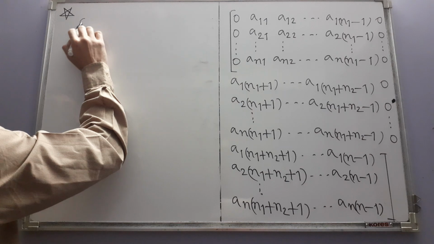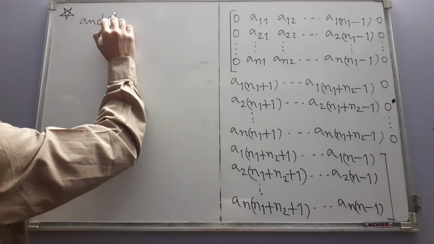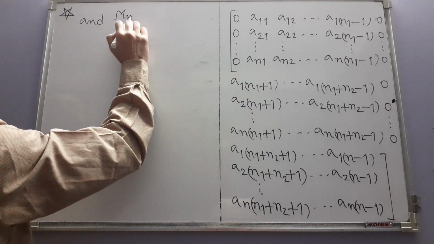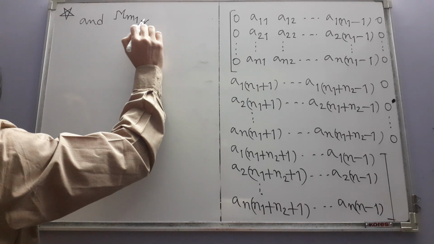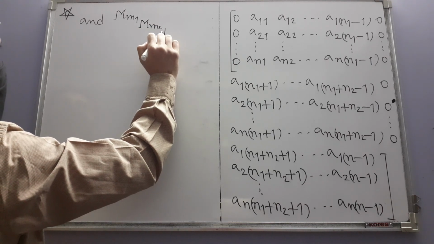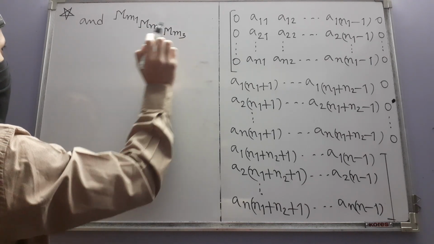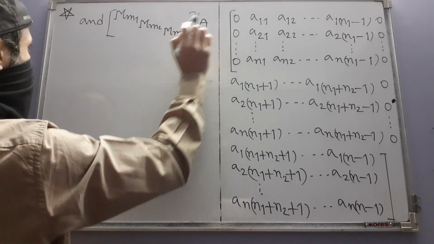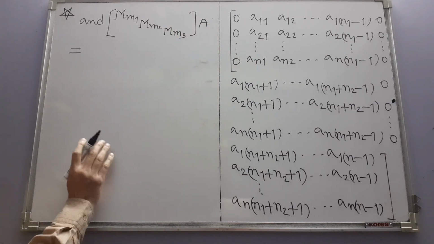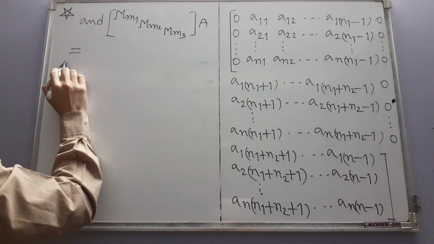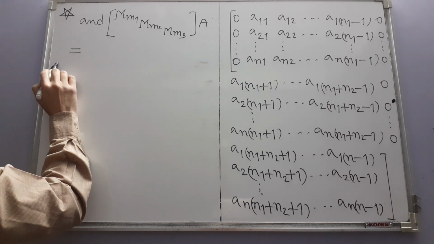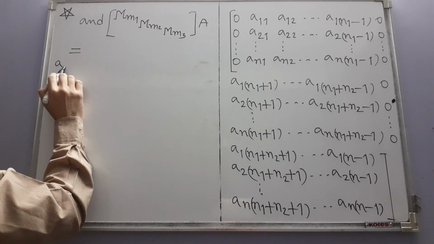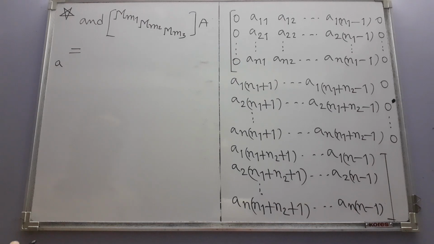M1, M2, M3, A is equal to, it starts with A21.